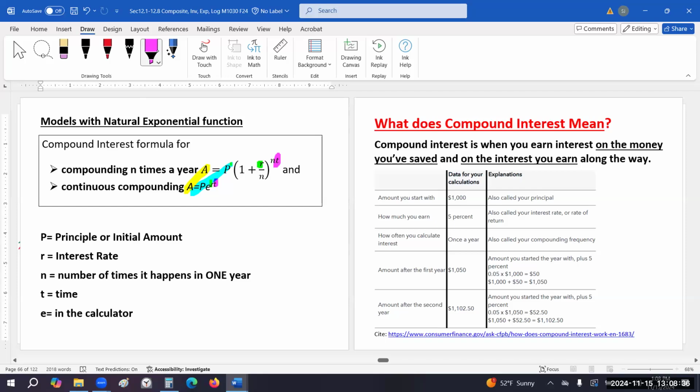We'll never have to find M because they will always tell us how many times you're compounding. If you're doing it continuously, there is no M. Besides that, if you're doing it some other time, then we have an M, and they will always give us the M. So we have 4 scenarios to work with.